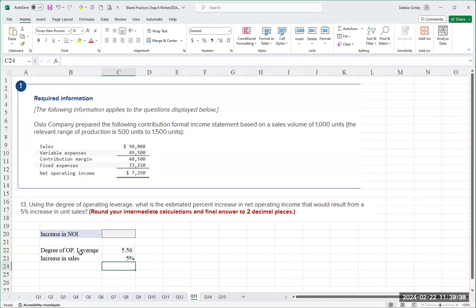So remember the definition of degree of operating leverage is how fast net operating income increases compared to the increase in sales. And so this company increases 5.56 times faster than sales. So I multiply. So equals the degree of operating leverage times the 5% increase in sales. And we're rounding to 2 decimal places. So my projected increase in net operating income will be 27.78%.